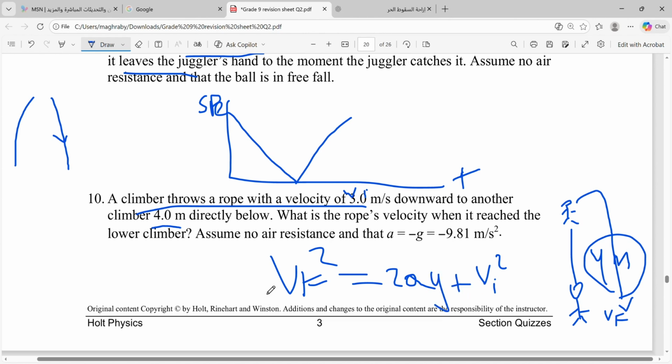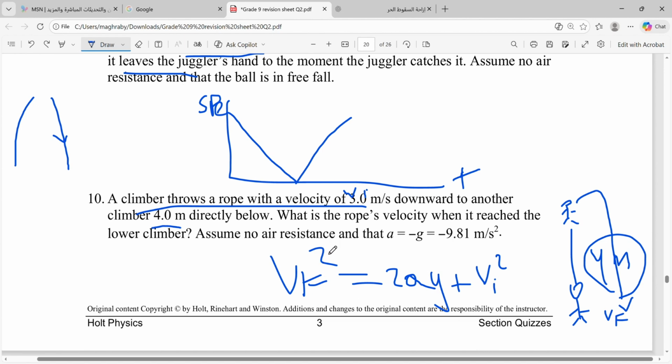V initial is 0 because he was holding the rope in his hand and then left it. But no, he mentioned here, I said to you, if he mentions that the initial velocity was a number, don't remove it. He mentioned that he threw the rope with velocity 3, so we can't cancel the V initial. So the V initial is equal to 3.